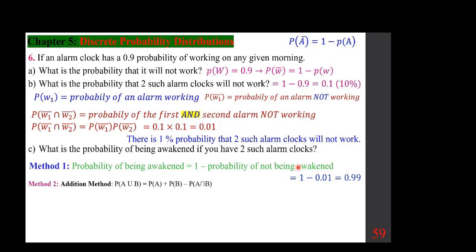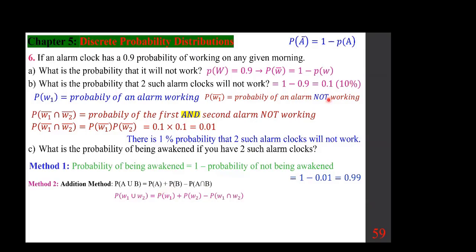For example, for method 2, if we use the addition method, probability of A union B is probability of A plus probability of B minus probability of A intersection B, where A and B, both of them are working, W1 as well as W2. So the first one working, union W2. Using this formula, the first one working, there's a 90% chance that works.